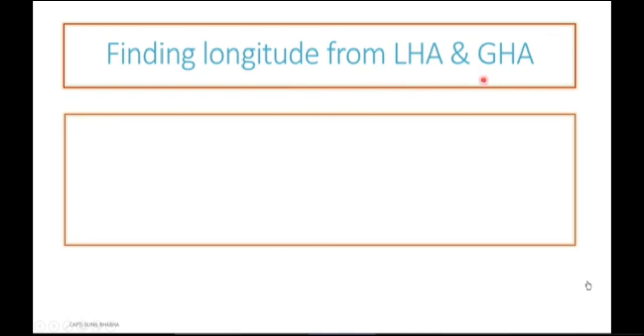We compare LHA and GHA and obtain the longitude. Now how to compare both of them? Should we do LHA minus GHA or GHA minus LHA, or what should we do? Or do we add them, subtract them? So let's see a very simple and easy procedure stepwise.